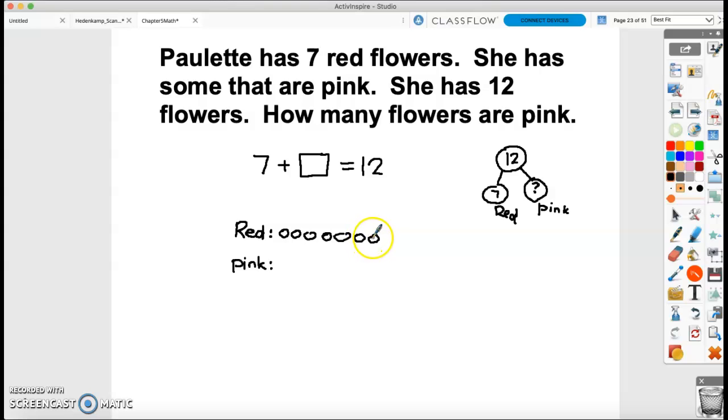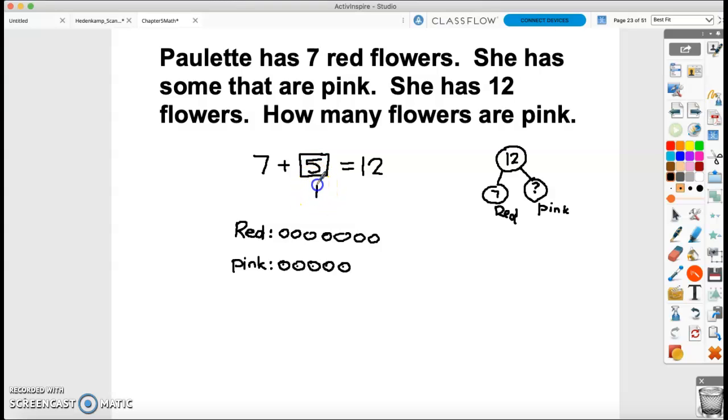So I'm going to keep going and count up to 12. So I have 7, 8, 9, 10, 11, 12. So I know she has 1, 2, 3, 4, 5. She has 5 pink flowers.